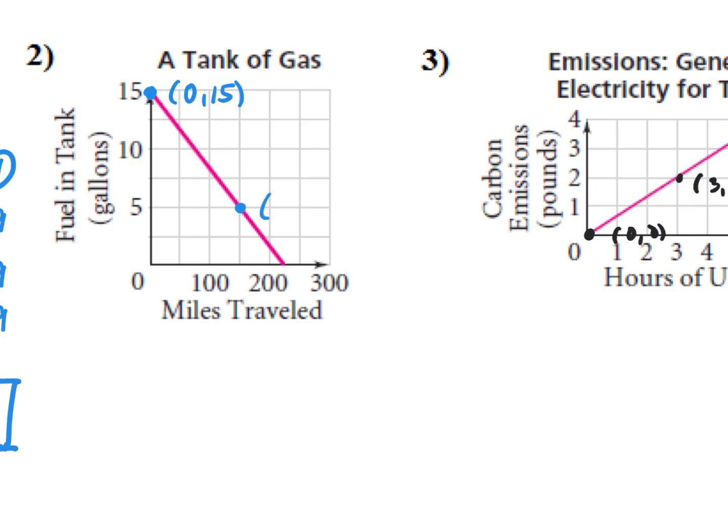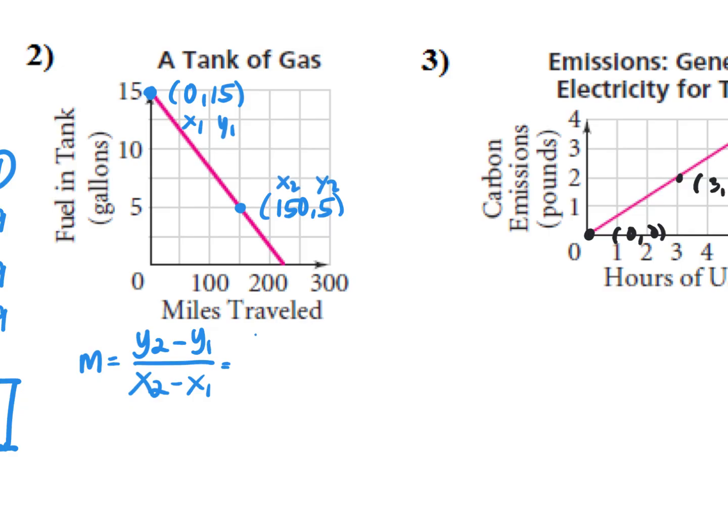And the other point is located at (150, 5). Okay, so let's get our slope for that. This is going to give me y2 minus y1 over x2 minus x1. This is going to be our x1, y1, and this is going to be our x2 and y2.